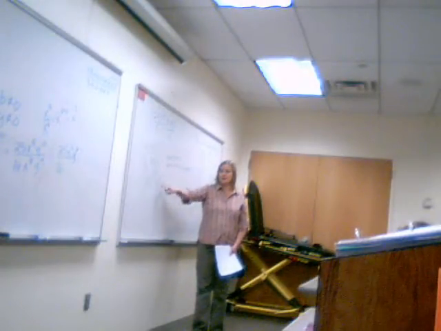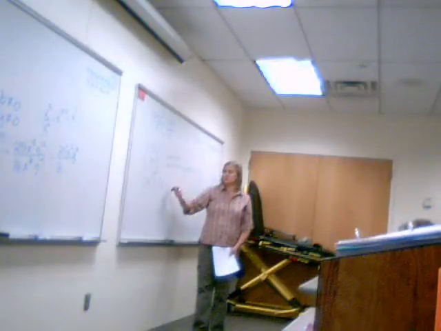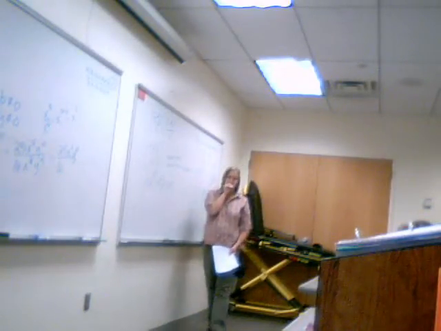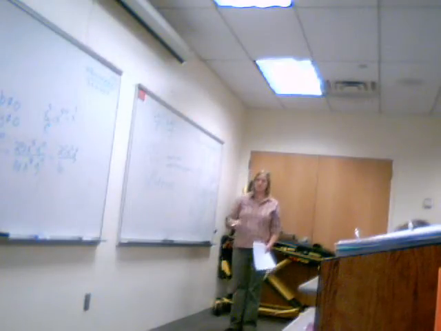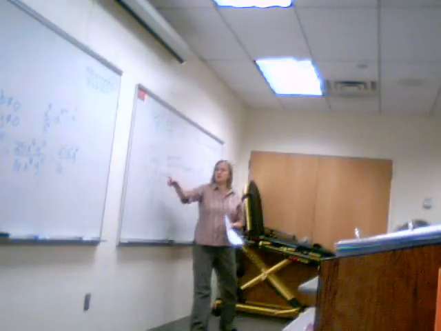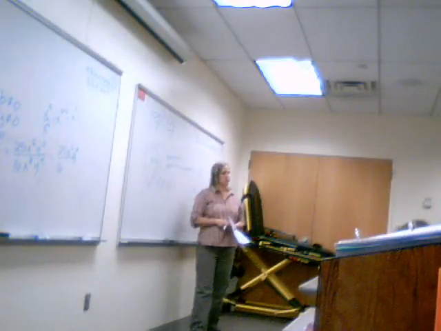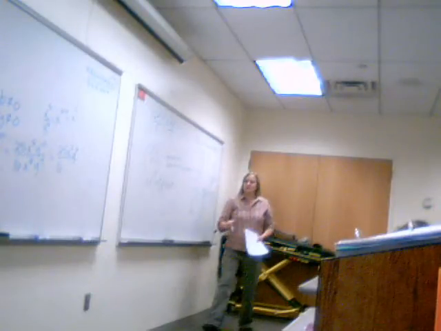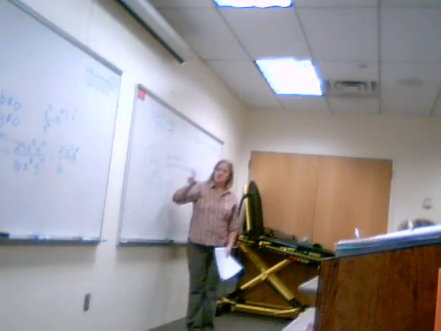I can't leave it looking like 3 cubed, so I have to write 27 x to the 6. So simplify what you can first, then use the product rule to take your exponent through each term. Because when you're taking an exponent to an exponent, you multiply.